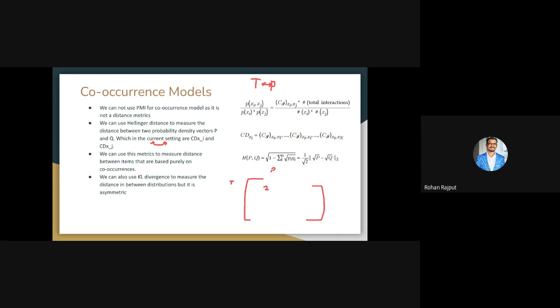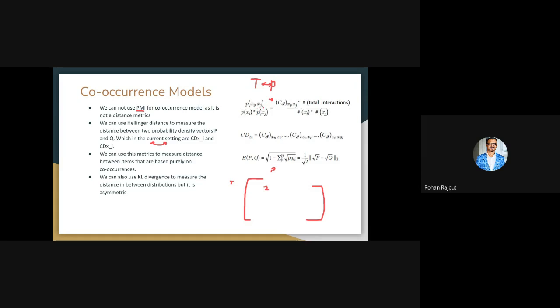In the previous model, we have seen that we were using PMI for the co-occurrence model. The PMI is a measure of the co-occurrence between two items.